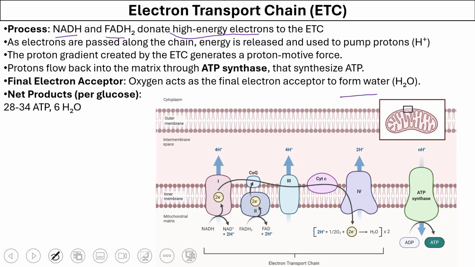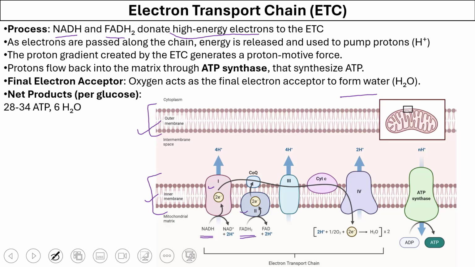So this is the double membrane of the mitochondria. This is the outer membrane and this is the inner membrane. The inner membrane has the complexes of the electron transport chain. Here you will see that NADH enters at the first complex and FADH2 enters at the second complex.